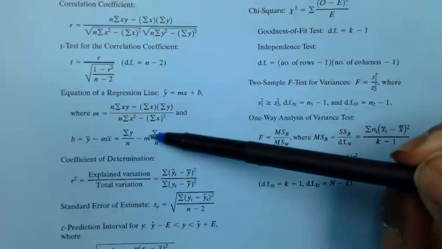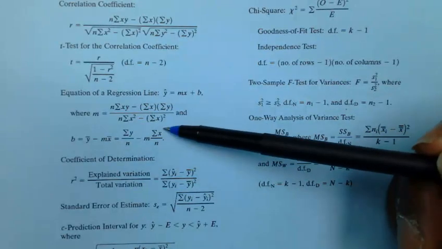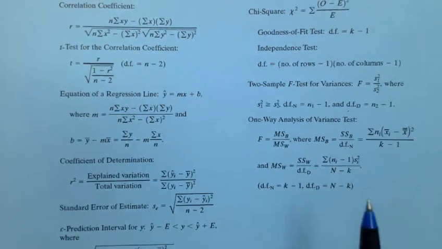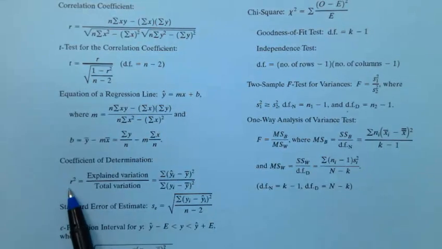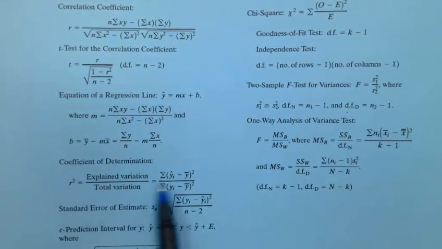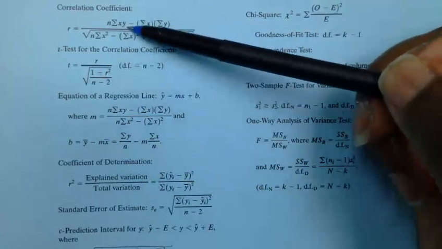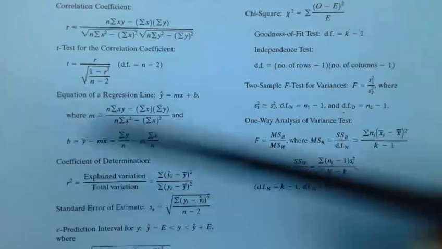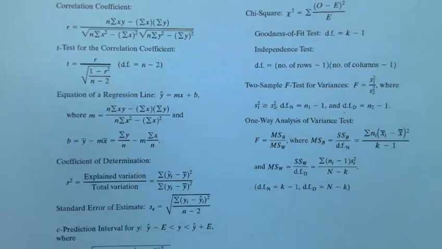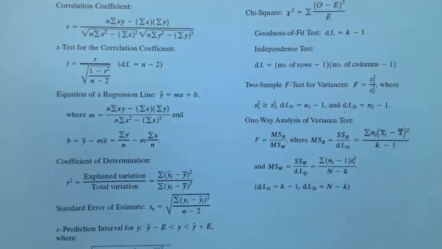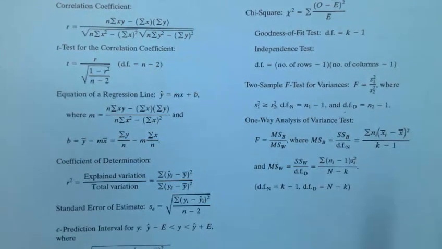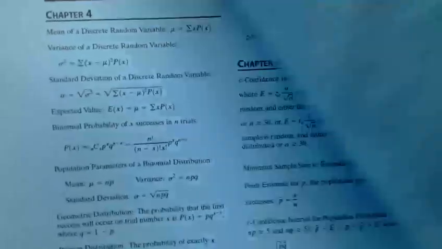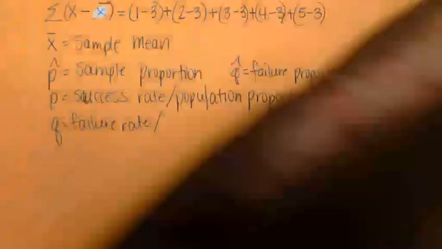So find this first because it goes into your B. And then the sum of x is divided by n. I know r squared has this formula, but you can just square this to get r squared. Hopefully those who requested this formula breakdown and what they all mean, hopefully this makes sense to you.